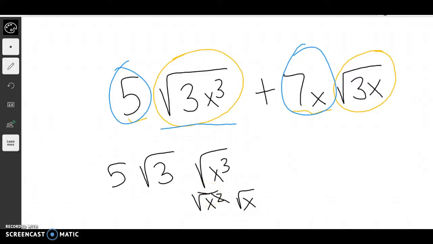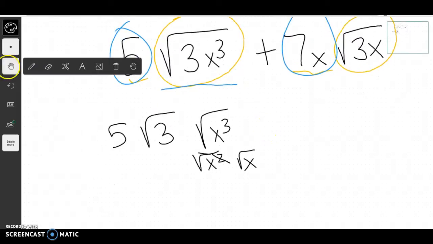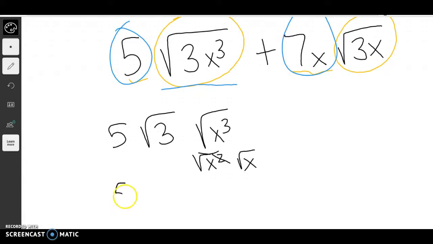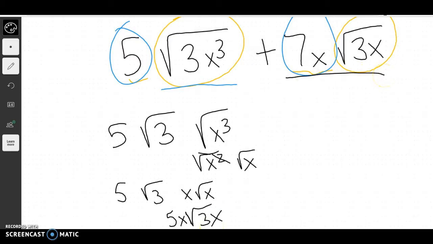So what's going to be left is 5 radical 3 x and radical x, and we could rewrite that as 5x radical 3x.